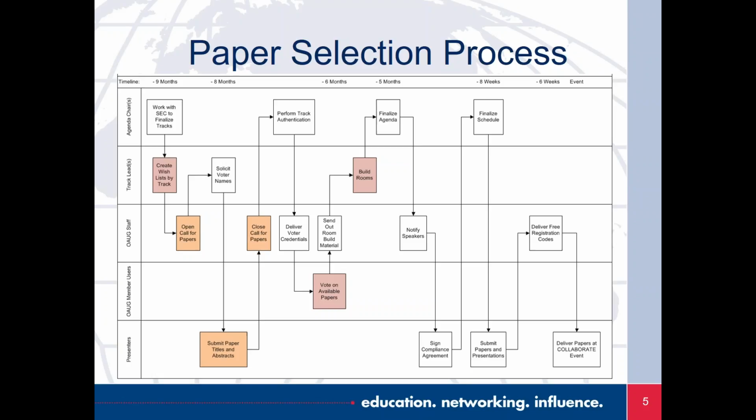And so I think it's one of the reasons we put this up here is to kind of explain what that process is and why it's really important to do some things to distinguish your paper and differentiate yourself when you do your submission, so that during the voting, during the room build, your paper can stand apart from the other papers that are submitted.